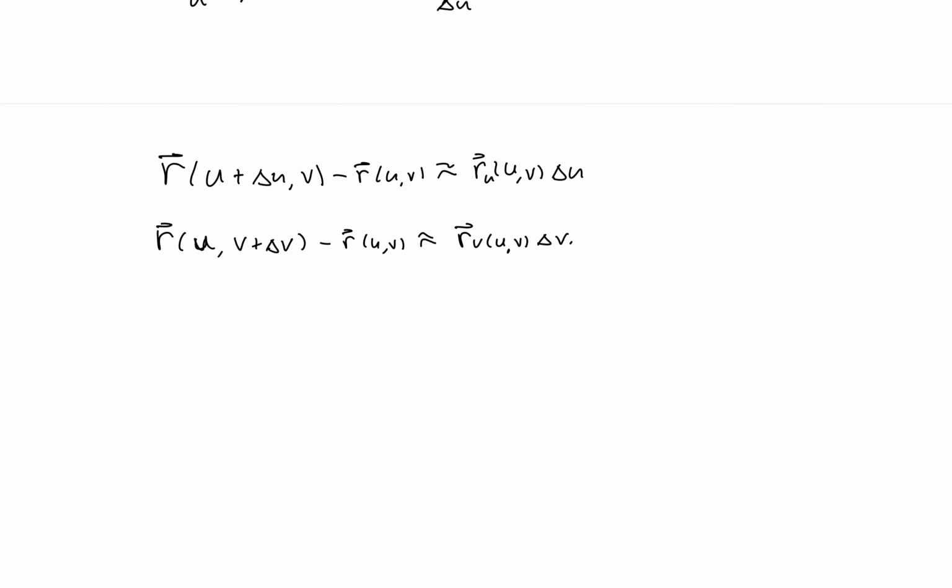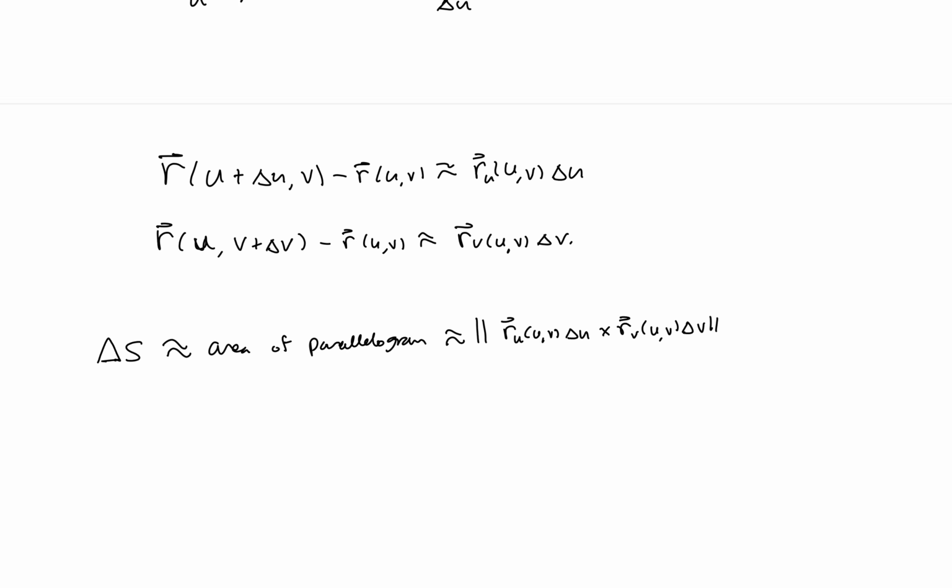So that means my little piece of surface area, our little delta S, which is approximately the area of the parallelogram, which is approximately the magnitude of r sub u of u v delta u cross r sub v of u v delta v.